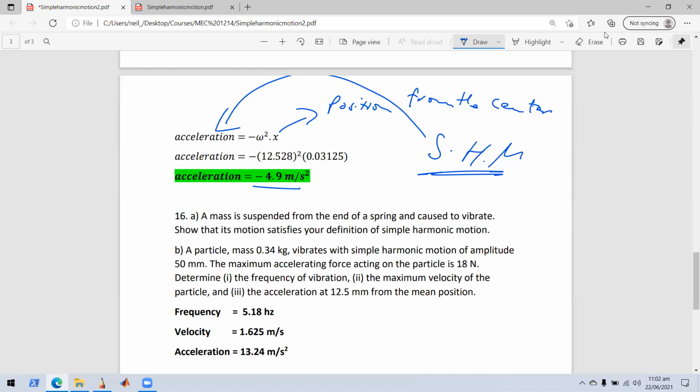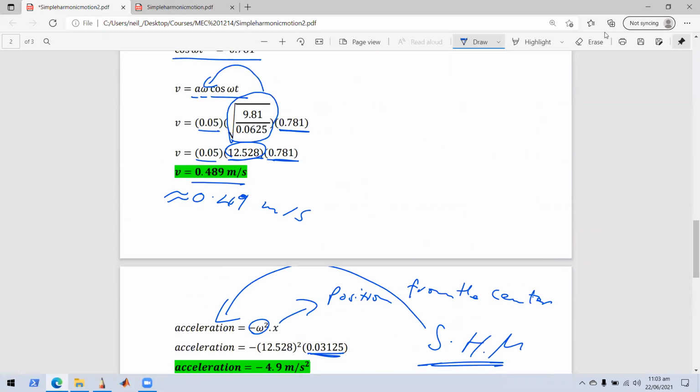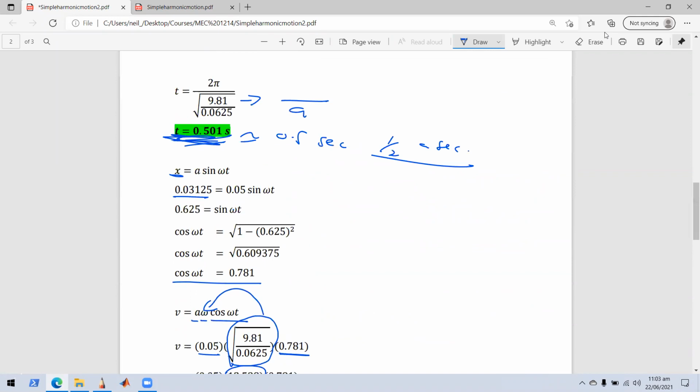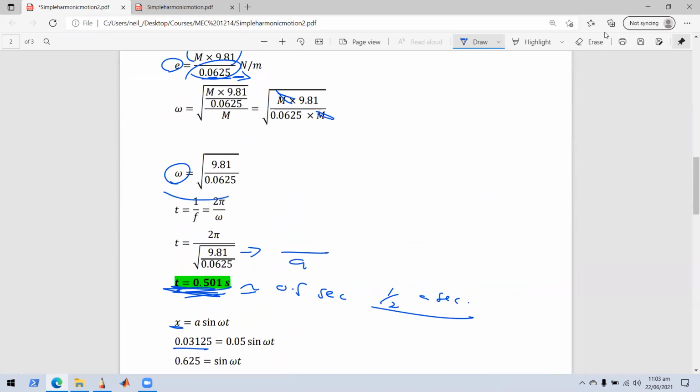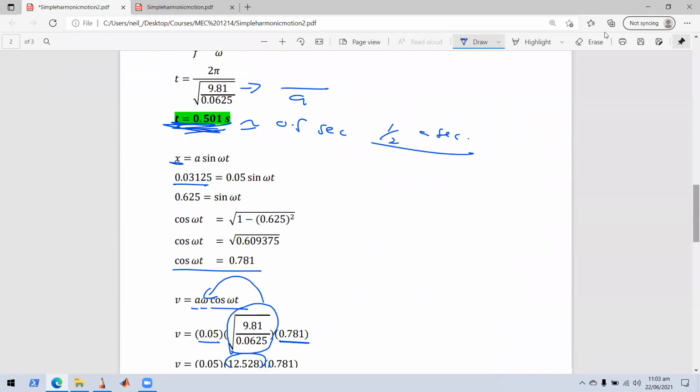Okay, so we can plug this 31.25 straight into the formula. But of course, we want it in standard units, right? 31.25 goes to 0.03125. We already found omega previously up here, 12.528, or you can go all the way up and plug this whole value in, but we know this just evaluates to 12.528 because we did the calculation somewhere around here.